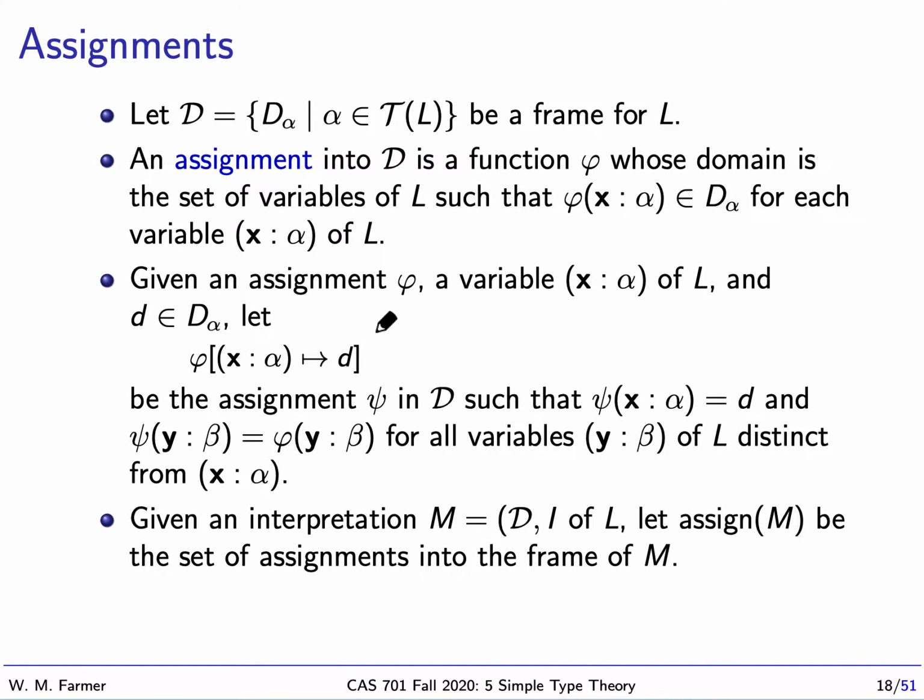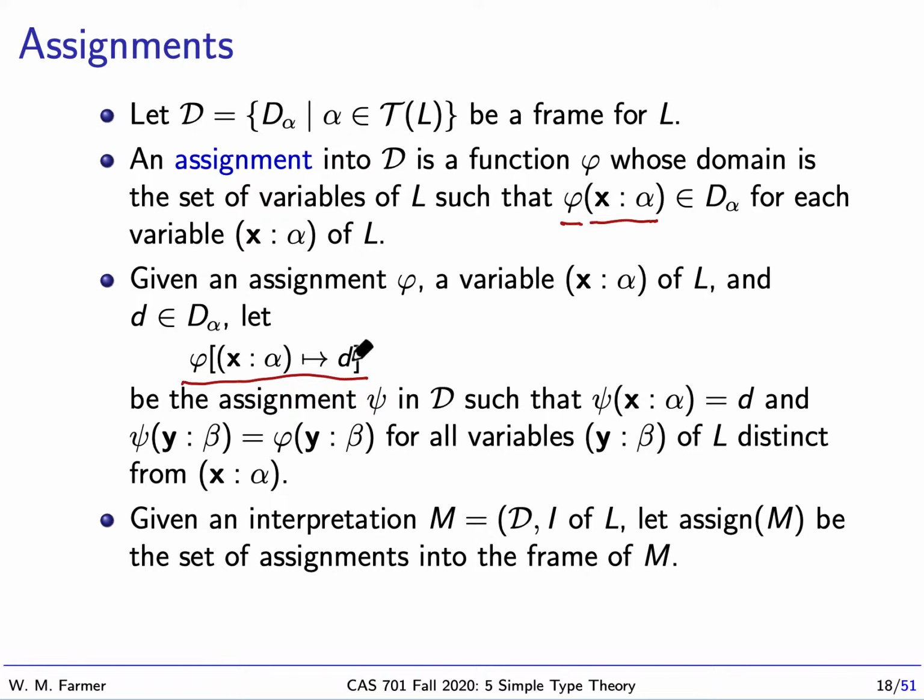The next thing we need to define is an assignment into our frame. An assignment is just a function phi whose domain is a set of variables of L. So phi takes a variable, and its value would be some member of the domain of alpha if the variable is of type alpha. And just as in first-order logic, we have this way of taking phi and adjusting it. So we change what phi does on x of type alpha.